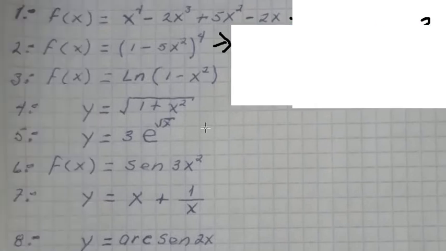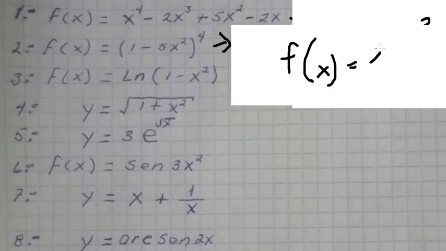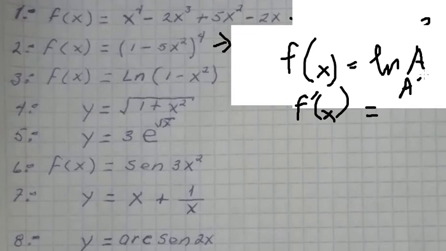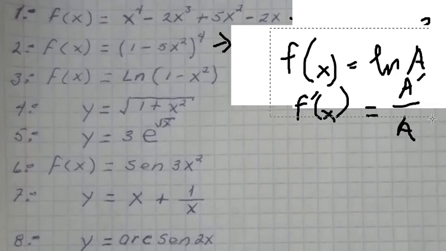Question number 3, we have the formula in here. If we do the first derivative, you will get the first derivative of a over a. So we apply the formula for question number 3.